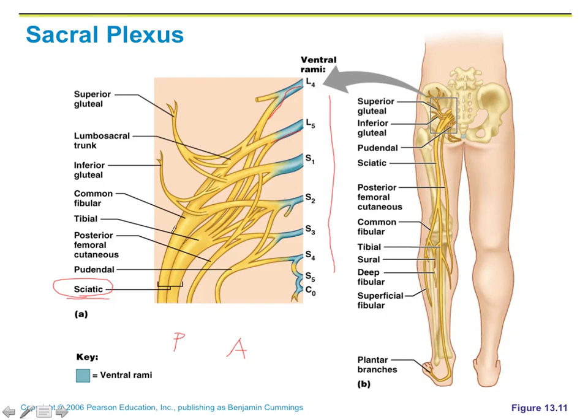Okay, another trunk. So this is called the common fibular nerve. Okay, common fibular nerve and the tibial nerve. Okay, so actually the tibial nerve is the posterior side. Okay, common fibular is one part of the sciatic nerve. Okay, so this one is the anterior side. Anterior side.